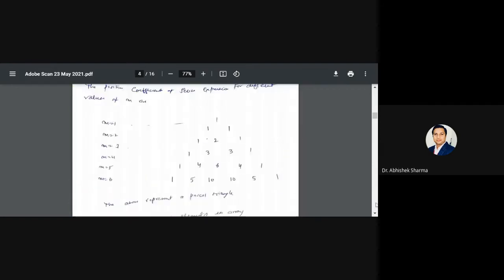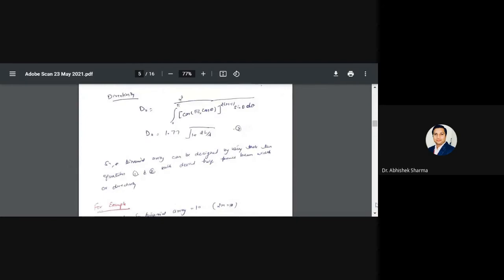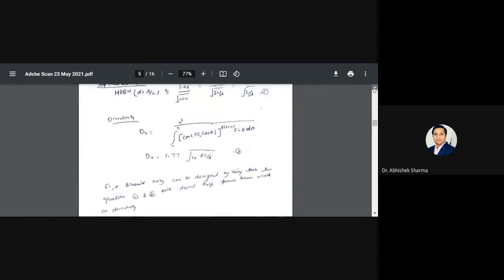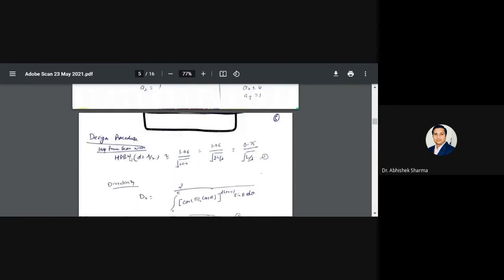Second, you will calculate the half power beamwidth, which is equal to 1.06 divided by n minus 1, or 1.06 divided by twice of L by lambda, where L is the length of the array and lambda is the wavelength. So by using this equation we can find it.